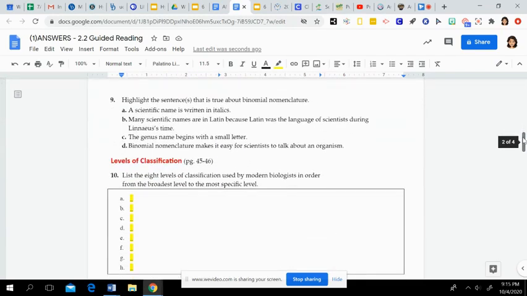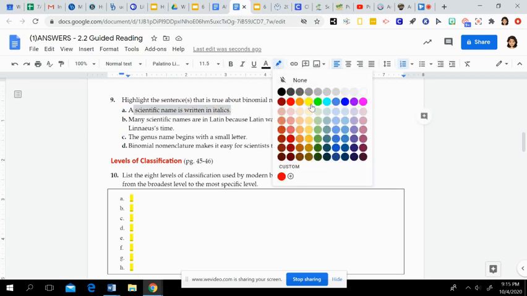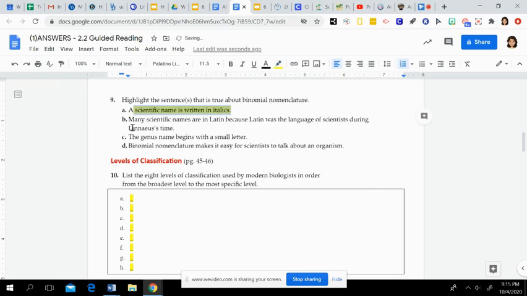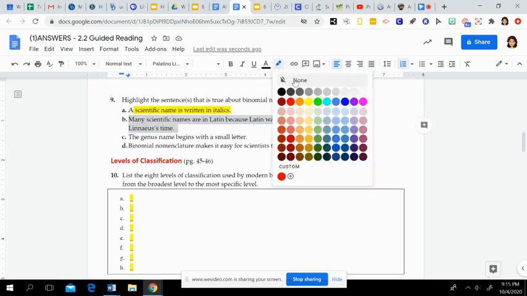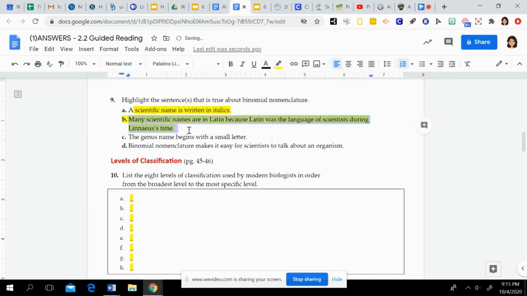For question 9, you needed to highlight the sentences that were true about binomial nomenclature. So if you read this section, many of these statements are true. The scientific name is written in italics. Many of the scientific names are in Latin because Latin was the language of the scientists during Linnaeus's time.